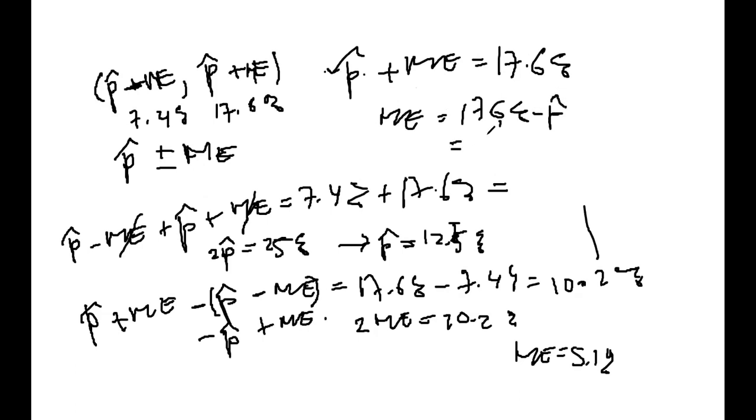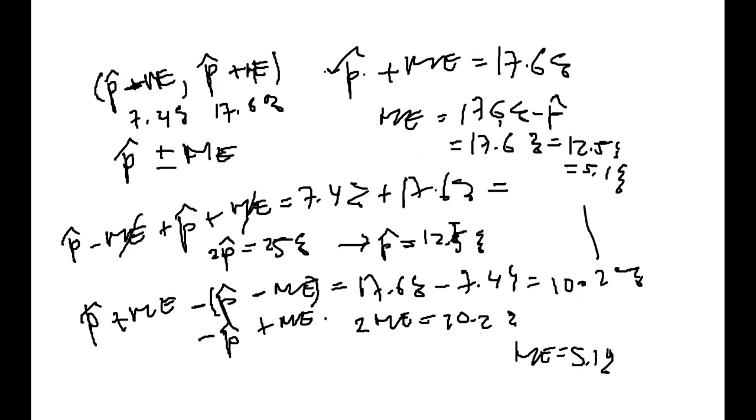So it's the same thing as we subtract 17.6% with 12.5%, to give you the same number, 5.1%. Yeah, so in this exercise, you simply subtract the right side with the p hat. Okay, you got the number, you got the ME.